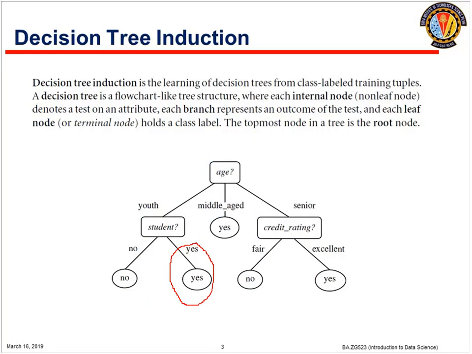Yes means the person will buy a computer. And if the student is no, the person will not buy a computer. When you reach this condition, you know that the person is a youth but not a student, because you have followed this particular path starting from the root. So age was youth and not a student.